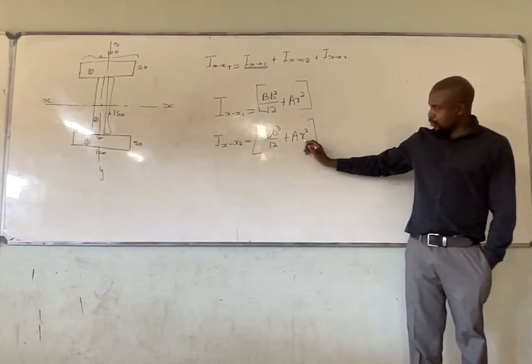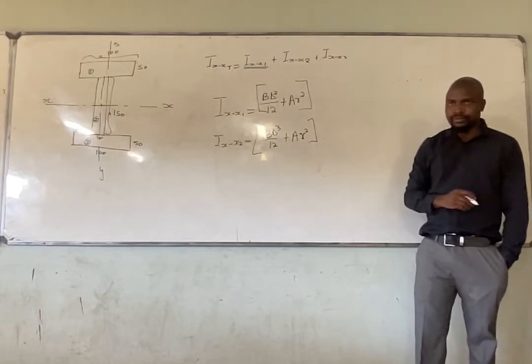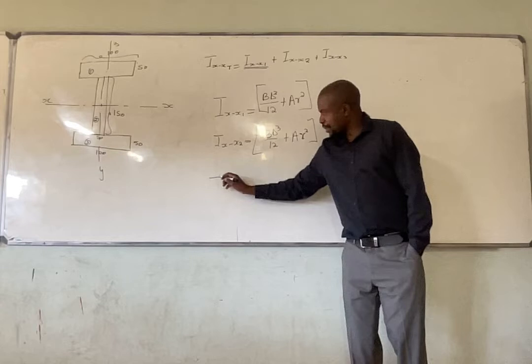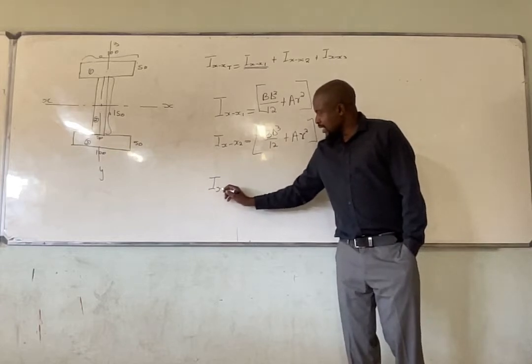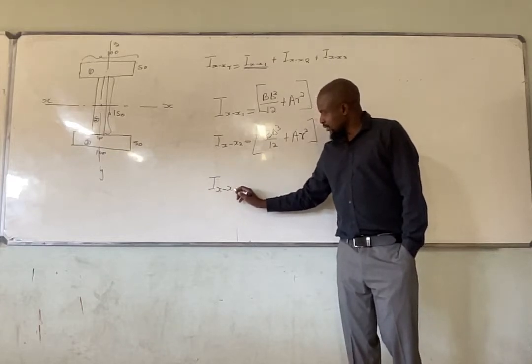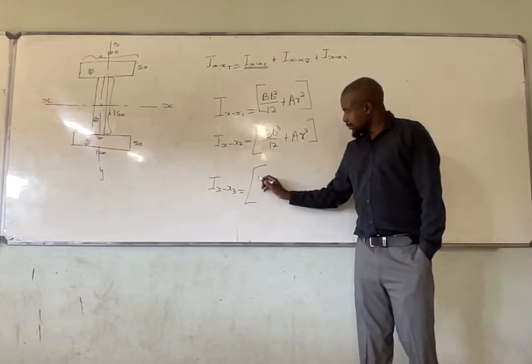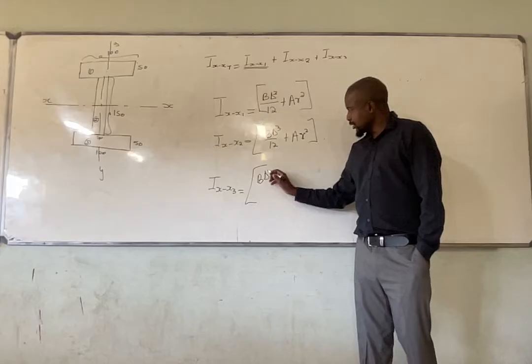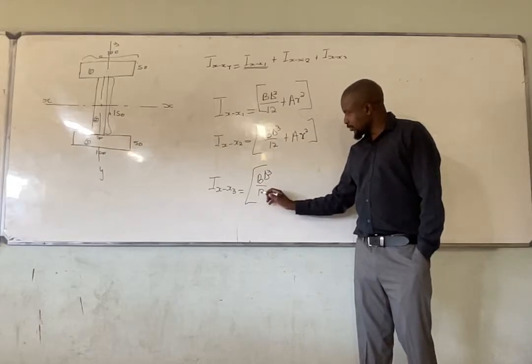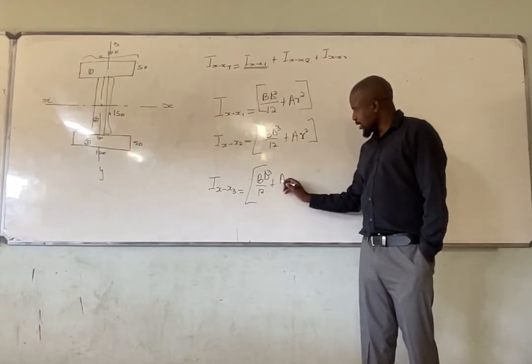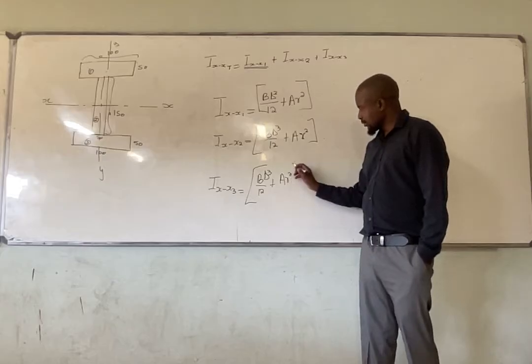So R for area 2 will be 0, and we will look at that one. So the same applies for Ixx3, it will be BD cubed over 12 plus AR squared.